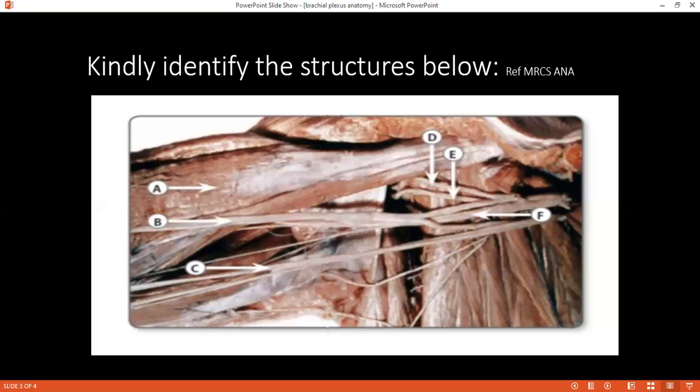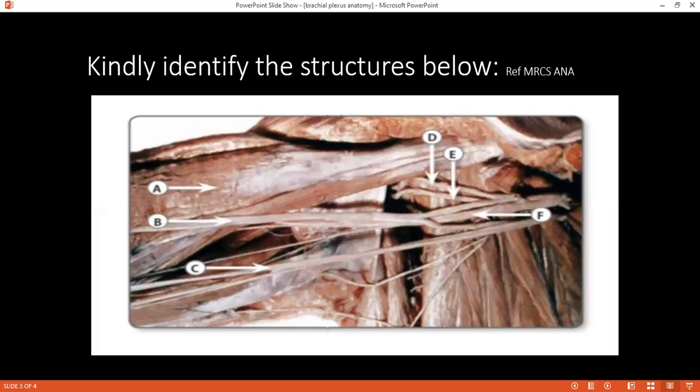From the lateral cord there are lateral pectoral nerve, musculocutaneous nerve, and lateral root of median nerve. From the medial cord there is medial root of median nerve and ulnar nerve.